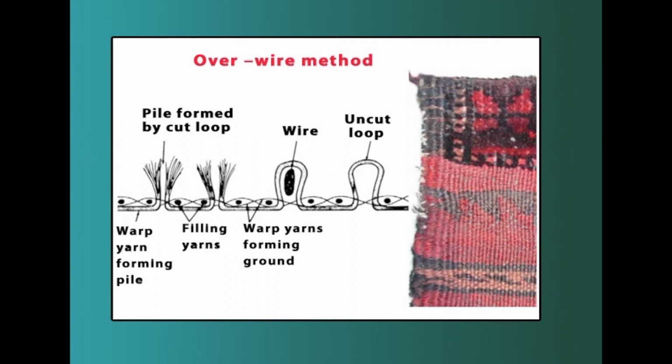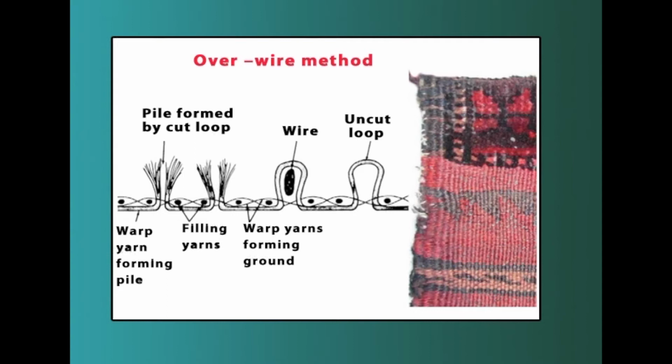When the pile is made, first the warp yarns that form the pile are raised by the harnesses to form the shed. Then the wire is inserted through the shed, and then the filling yarn is shot through. Then when the pile warps are lowered, they loop over the wire and are held in place by the next filling. Then the wire is withdrawn.